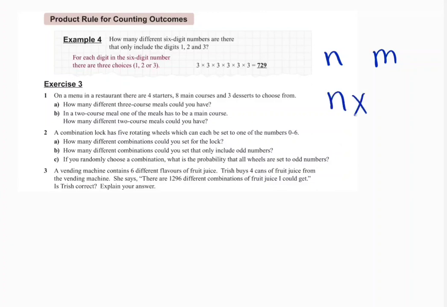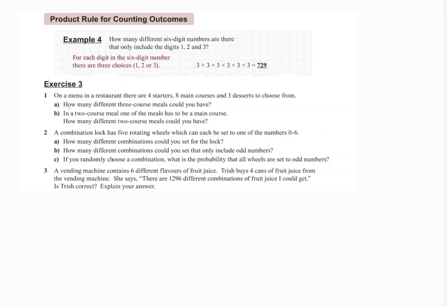It's enough to multiply n by m, because we have n ways of doing the first event and m ways of doing the second, and the product of them is the total number of ways. So now I'm going to show you how we can apply this to questions.